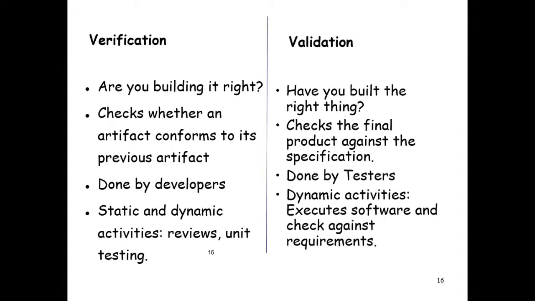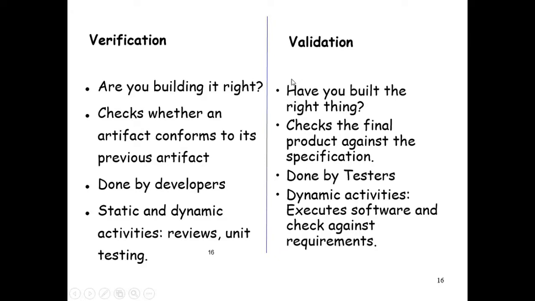Okay, so here is the difference between verification and validation. Are we building it right? Check whether an artifact conforms to its previous artifact. It is often done by the developer, and both static and dynamic activities are included in the verification part, whereas validation can be defined as: have you built the right thing?